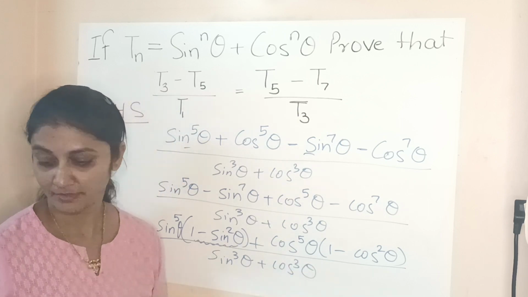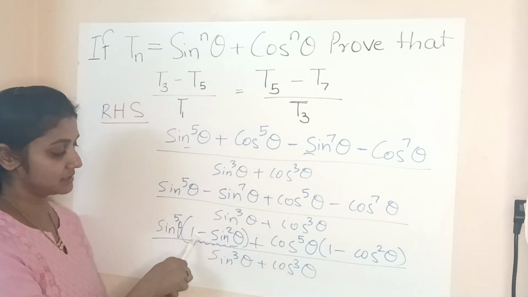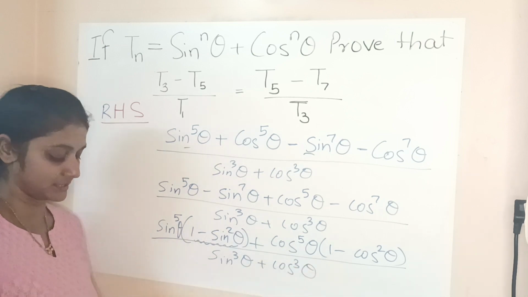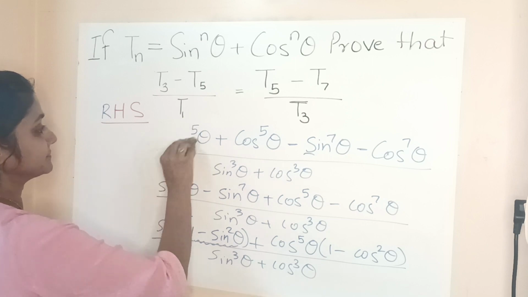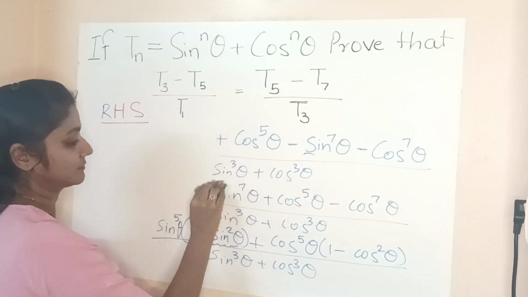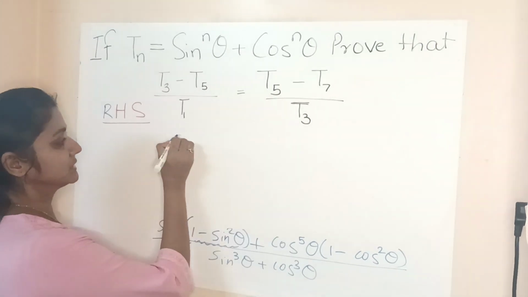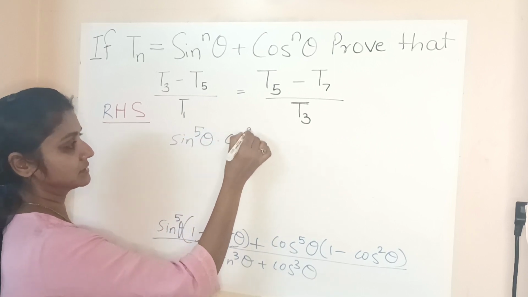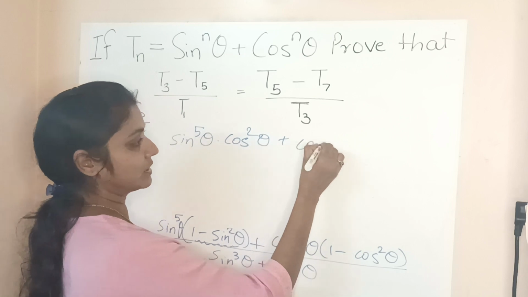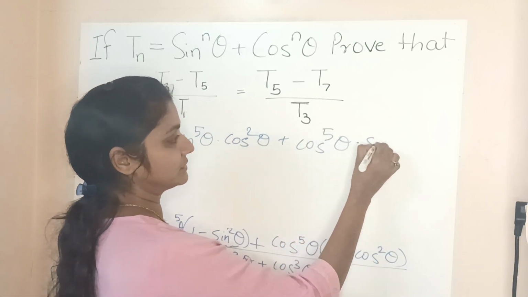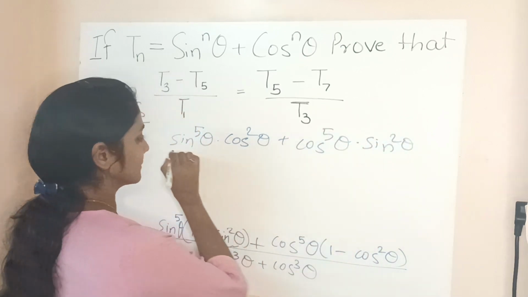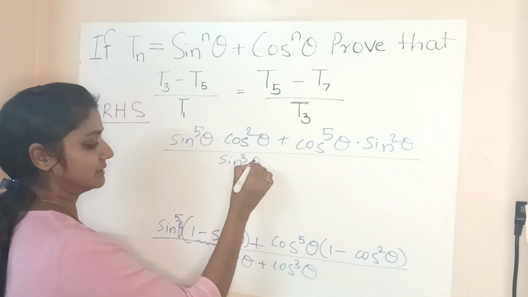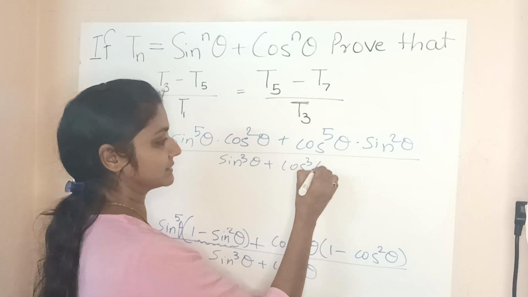Easy? Yes, now what will happen to this? This will become cos square theta, and this will become sin square theta. Right? What will happen here? Sin to the power 5 theta into cos square theta plus cos to the power 5 theta into sin square theta. Whole thing by sin cube theta plus cos cube theta.